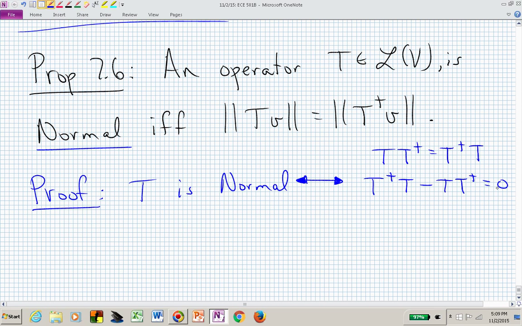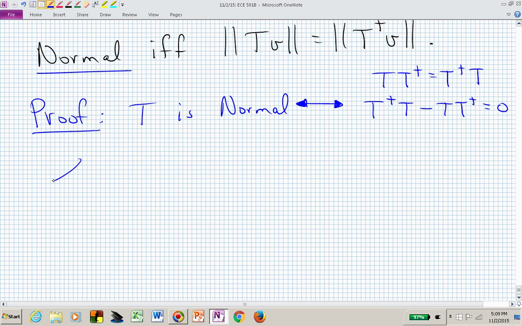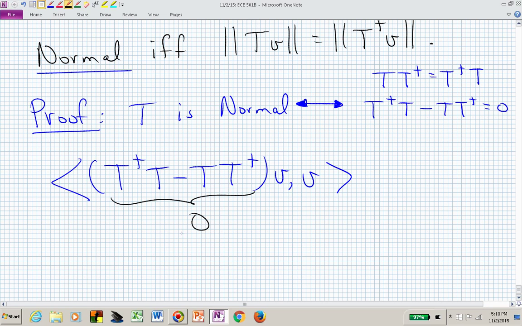That's equal to 0. Now, suppose that I take the inner product of T dagger T minus T T dagger operating on V with V. But that is just because T is normal, that's equal to 0, and the 0 vector inner product with any vector is 0.